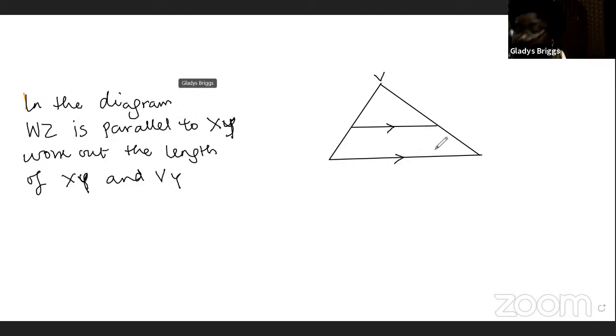This is V, this is X, this is Y, this is Z, and W. And you've got 4 centimeter here, 5 centimeter, 2.5 centimeter. This one is 4.4 centimeter.